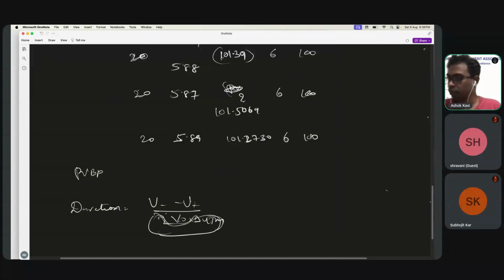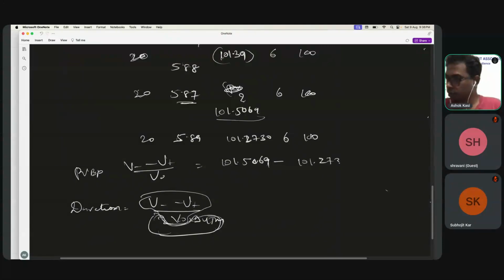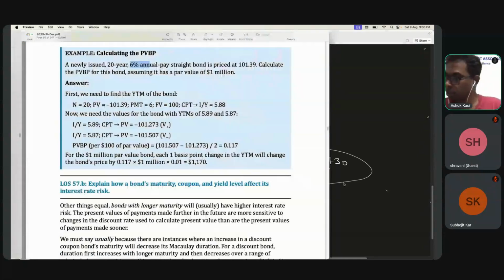But this average one is nothing but the price value of a basis point. The formula is V minus minus V plus, divided by V0. V minus is when the interest rate comes down, minus V plus, divided by V0, which is 101.39.